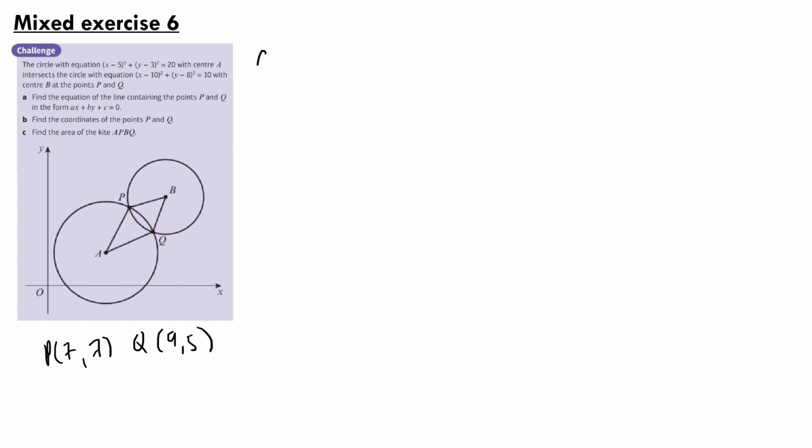Okay, and finally for part C, find the area of the kite APBQ. To find the area of the kite, we can think of it as being half the area of the entire rectangle around it. So the area of the kite is a half times the length AB, that's the height of the rectangle, times the length PQ, which is the width.